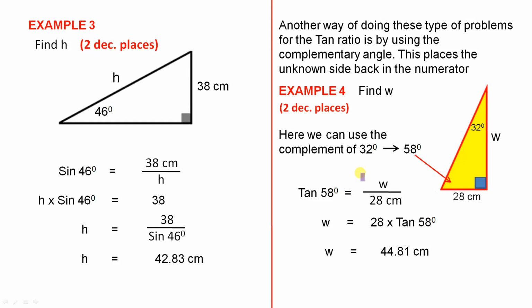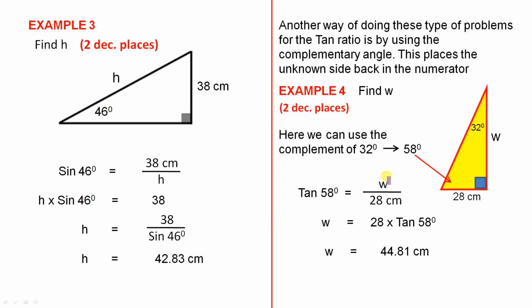However, here we can use the complement of 32. So in other words, we use that angle there, which is 58 degrees. And the reason it's the complement of 32 is because when you add them together, they give you 90 degrees. So let's use 58 degrees, and let's have a look what happens. Tan 58 equals opposite over adjacent.